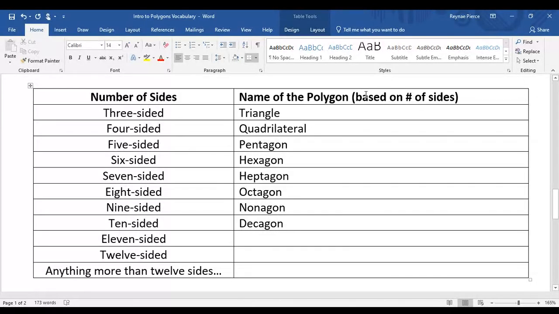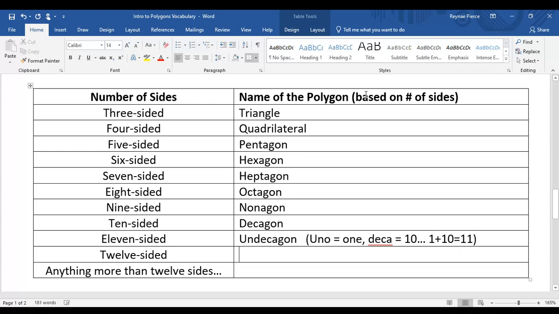A polygon with 11 sides is called an undecagon. Okay, a way to think about that, uno means 1, and then deca means 10. 1 plus 10 is 11.